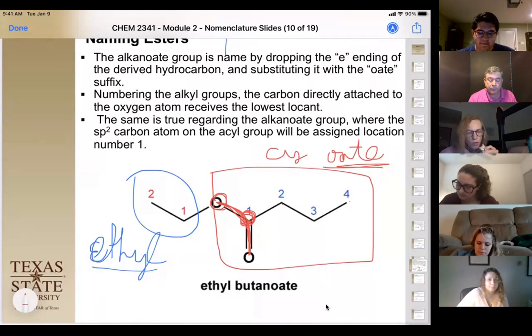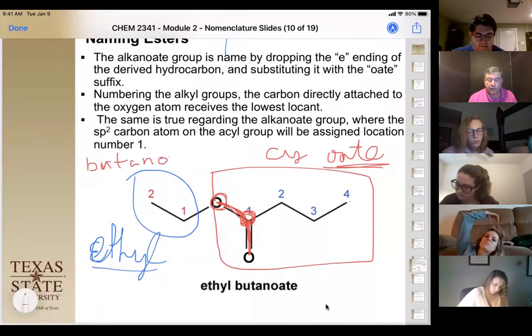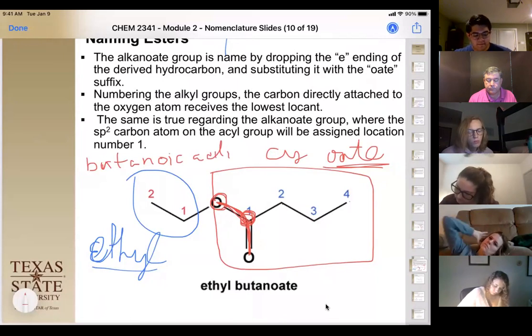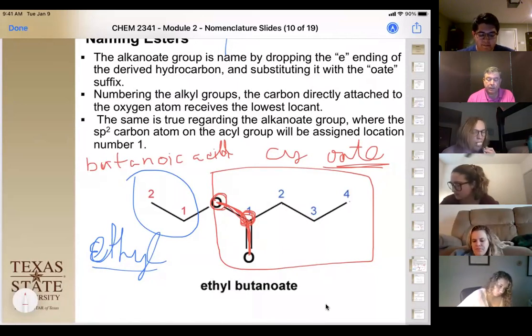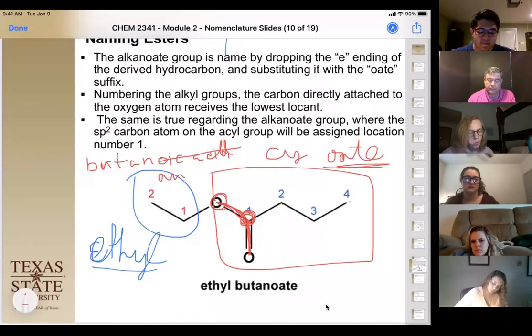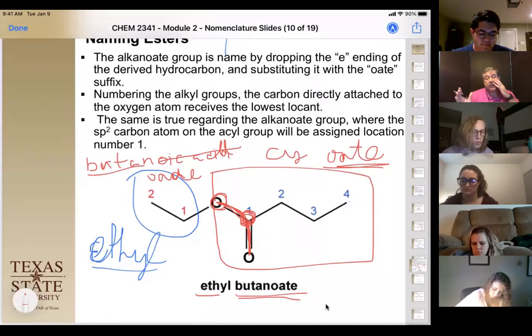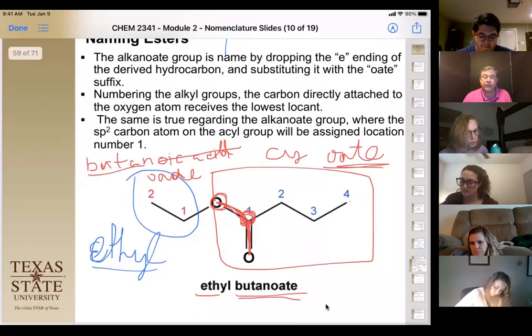So a 4-carbon carboxylic acid would be butane, drop the E, add oic acid. Right here, butanoic acid. But because it's now not a carboxylic acid, it is an ester. We drop the oic acid and add oate. So we come up with butanoate, ethyl butanoate. Okay. So the first thing you do is you find the carboxylic acid, name the carboxylic acid, then change that carboxylic acid into oate. And the other half of it, you draw it as just an alkyl substituent, or name it as an alkyl substituent. Okay.